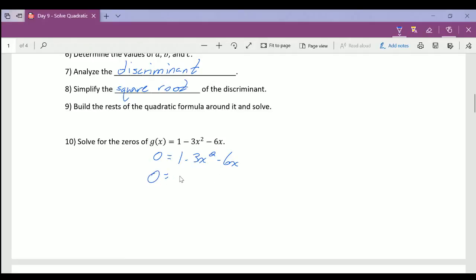Everything's on one side, which is good. We just need the x squared term to go first, followed by the x, followed by the constant. So for this one, a is negative 3, b is negative 6, and c is 1.